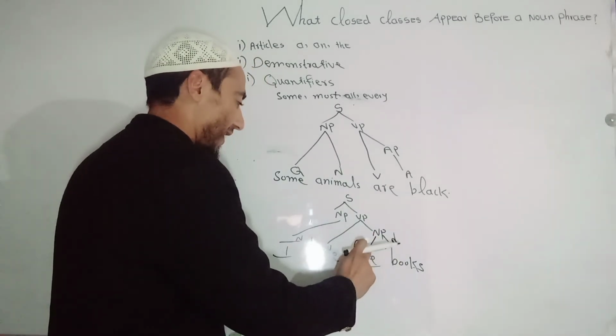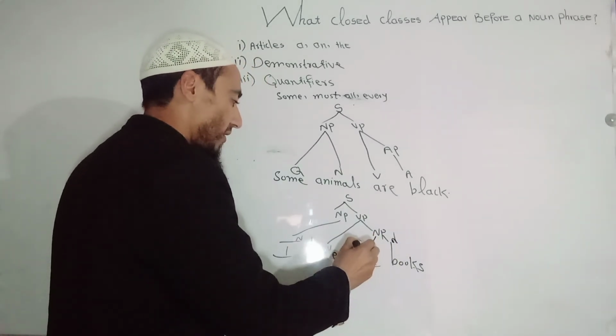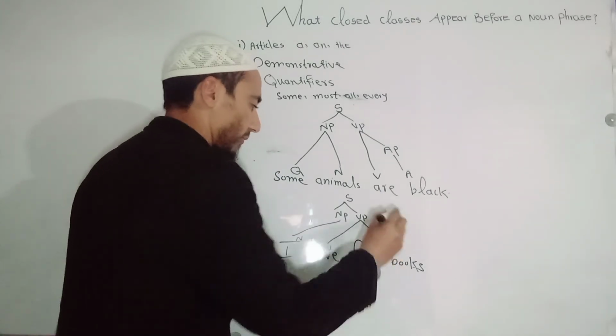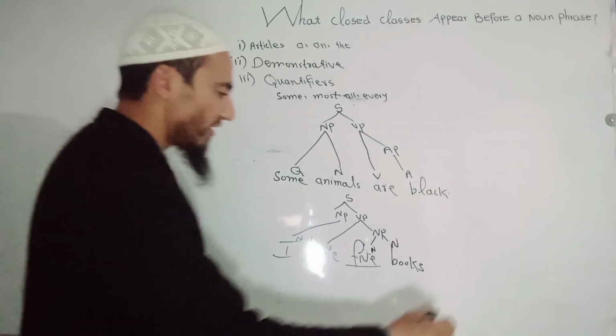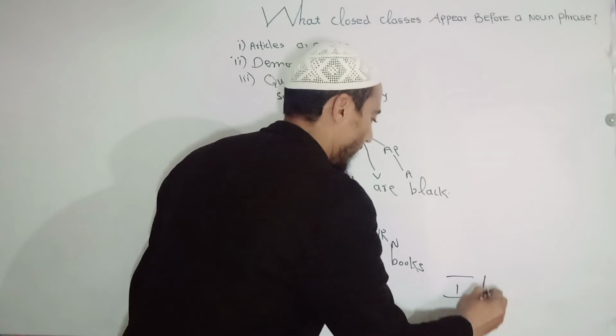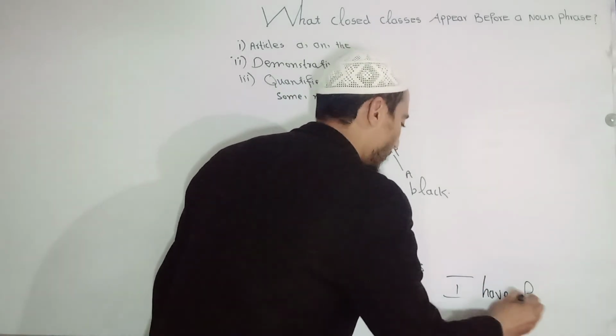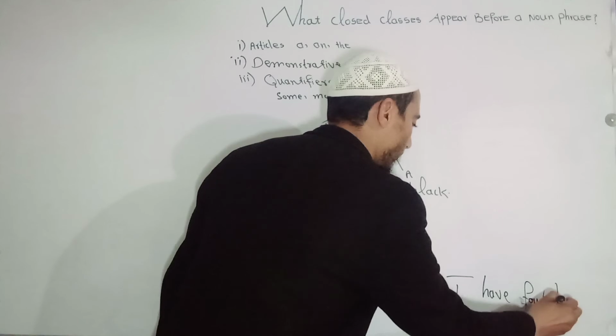If you want, you can write ADJ, it means adjective. It's clear. The structure is not clear? I have 4 books or 5 books.